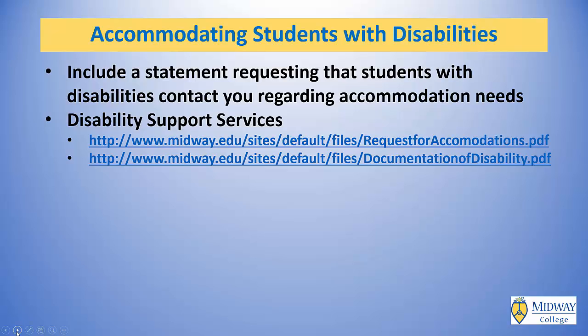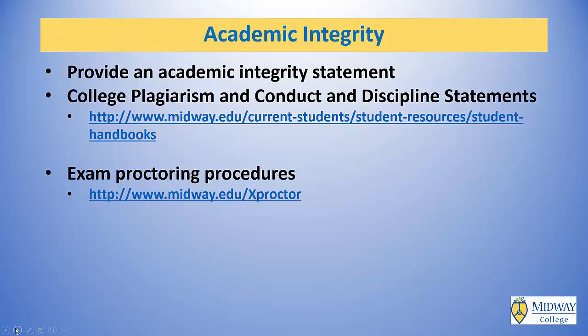You could include a statement that says something about how student success is important to you and that any student who has a disability or any other special circumstance that may have some impact on their work in the class and for which they might require special accommodations to contact you early in the semester so that the accommodations can be made in a timely manner.